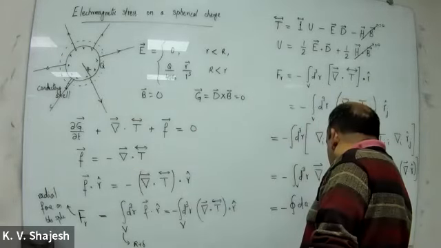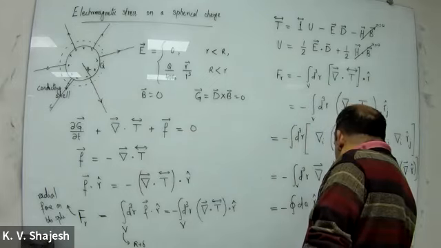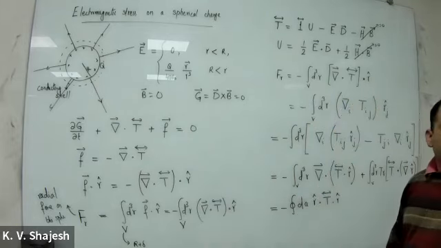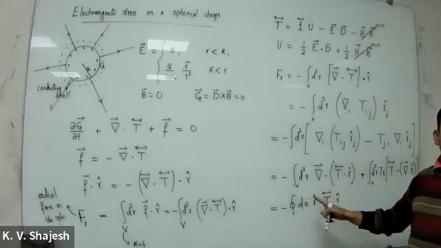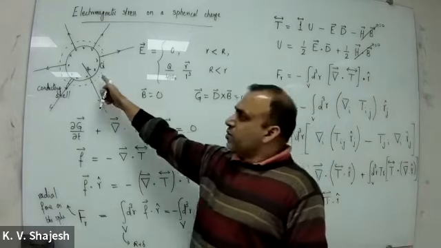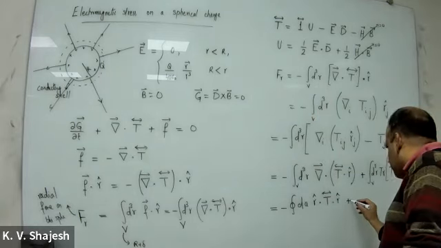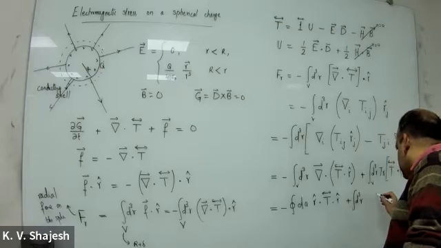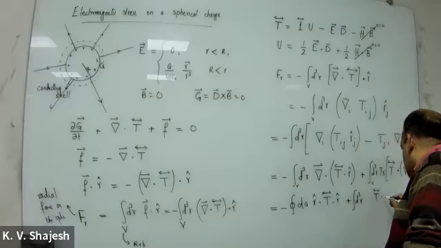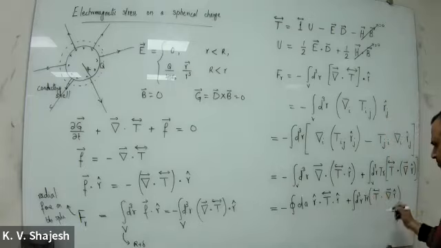So I say it is r hat dotted with T dotted with r hat. This was actually a vector here, but that is only in the r hat direction because of my particular surface, which is spherical. And then I have twice a volume integral of T, the trace of this.